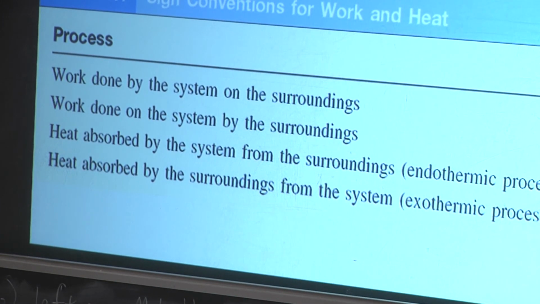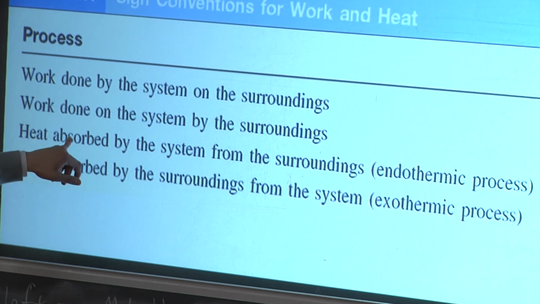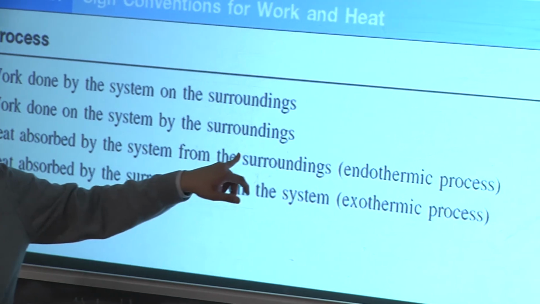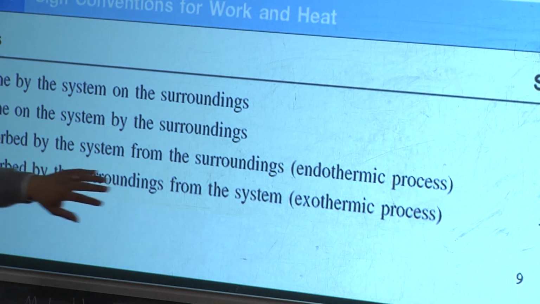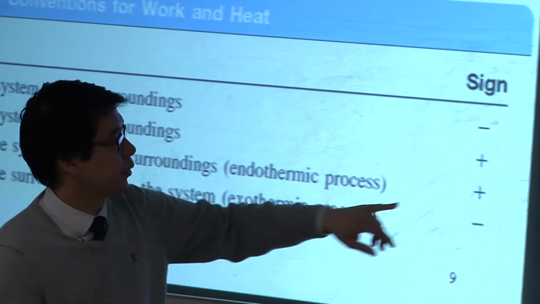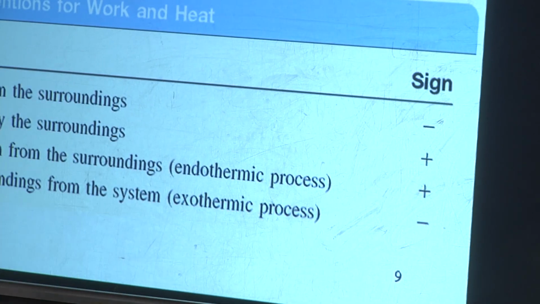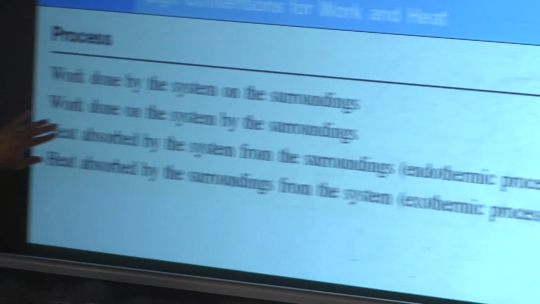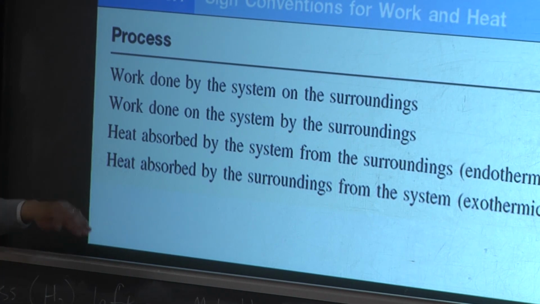The water is your system, and it is absorbing heat from the surroundings, which in this case is mostly the stove. It's an endothermic process, and the sign is positive. So heat, Q, would be positive for an endothermic process.